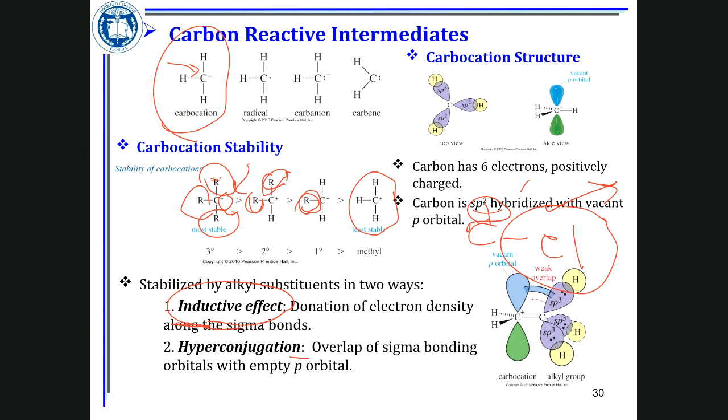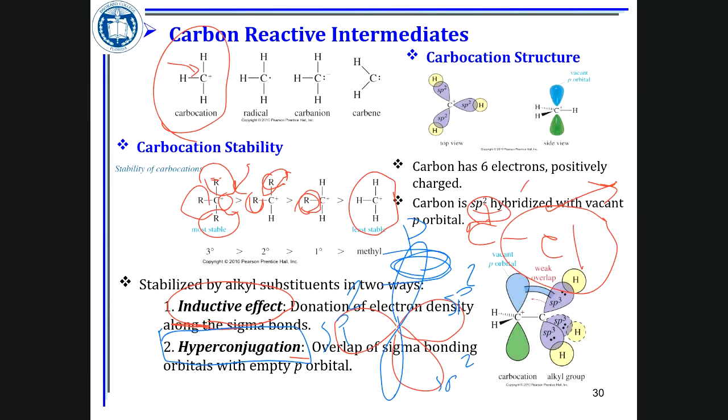Do you remember when we talked about sp2, we had one p orbital that was empty. It was an unhybridized p orbital, and then we had sp2, sp2, and sp2. So if we have a carbocation, that means we have an empty p orbital. So hyperconjugation is the overlap of the electrons from the sigma bond with this empty unhybridized p orbital. And this happens when you have sp2 hybridization.